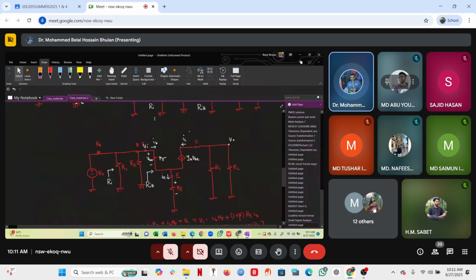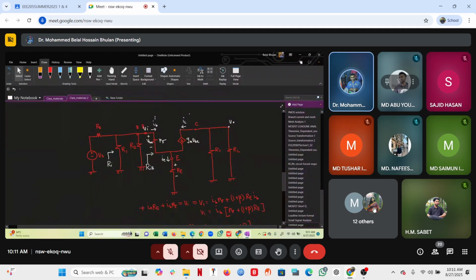In order to determine V0, what should I do? What is V0? V0 is the voltage at that terminal, or you can say the voltage drop across RC and RL in parallel.